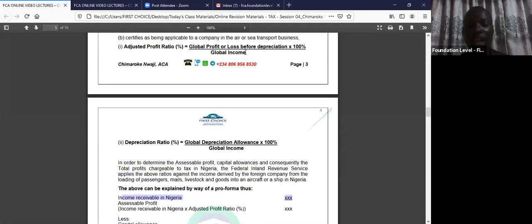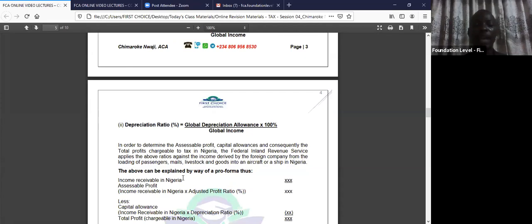Once you know your global income, you have one ingredient to do your ratio. Then you go to your net profit and adjust it to adjusted profit. Then you look for your adjusted profit ratio. Then you look for your depreciation ratio.